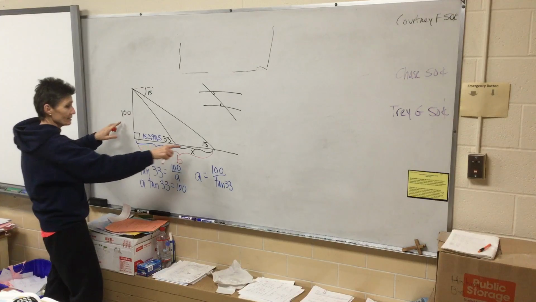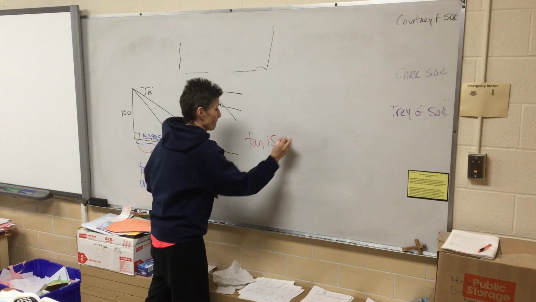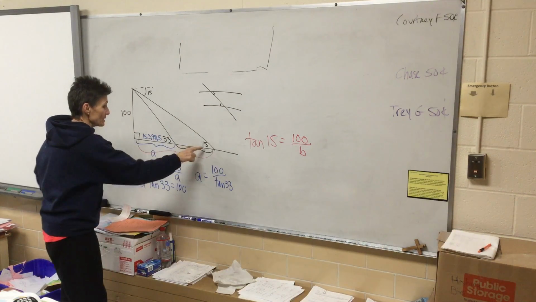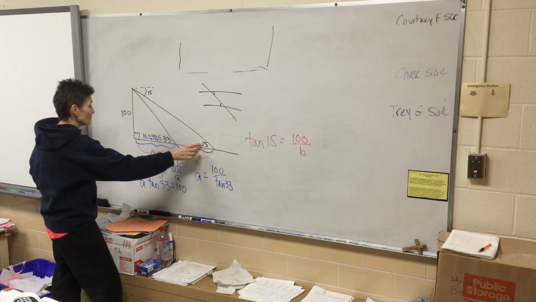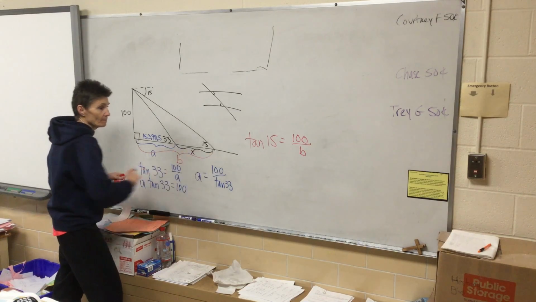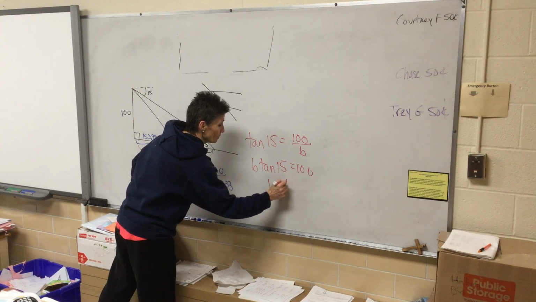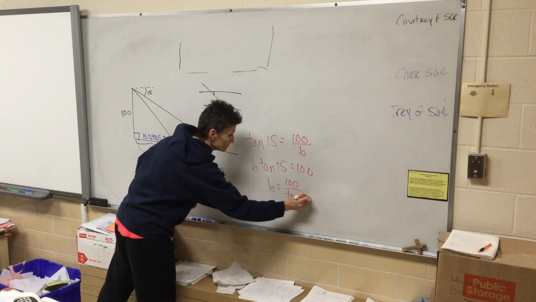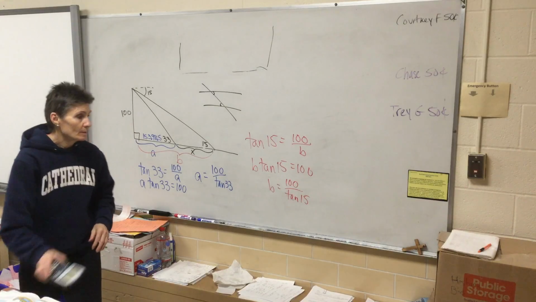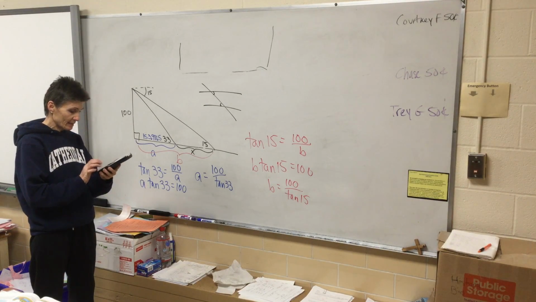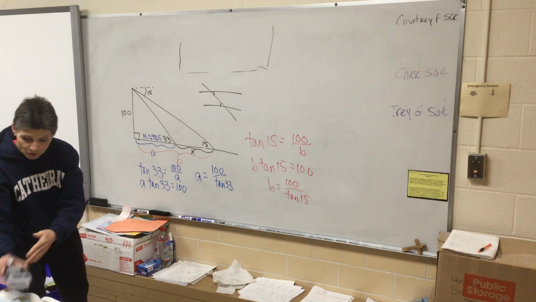So the tangent of 15 is 100 over B. Look at the big triangle. Forget this line, forget the blue stuff. The big triangle, tangent 15 equals 100 over B. So B tan 15 equals 100, and B equals 100 over tan 15. So now I have B, 100 divided by tan 15, 373.2051.